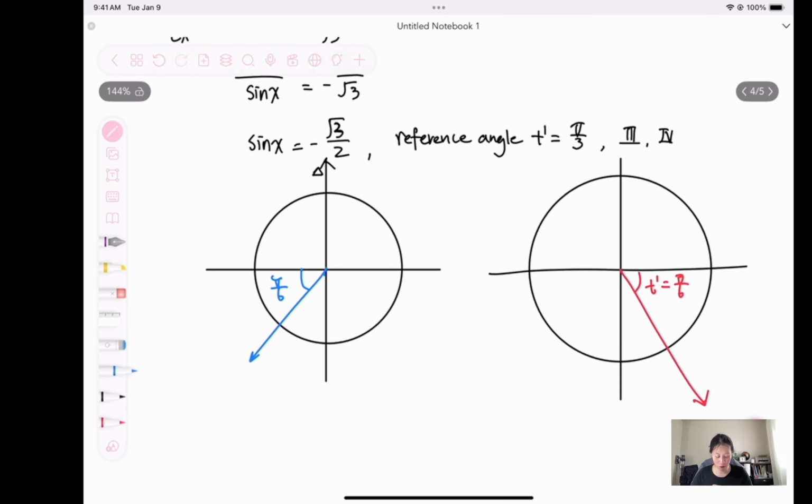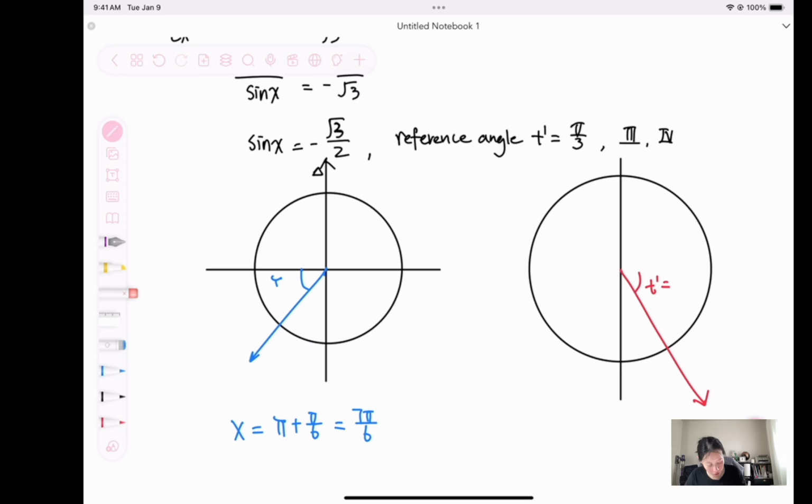And for the first angle, this would be what? X equals pi plus pi over 3, sorry, it's over 3 because the reference angle is pi over 3, not pi over 6.